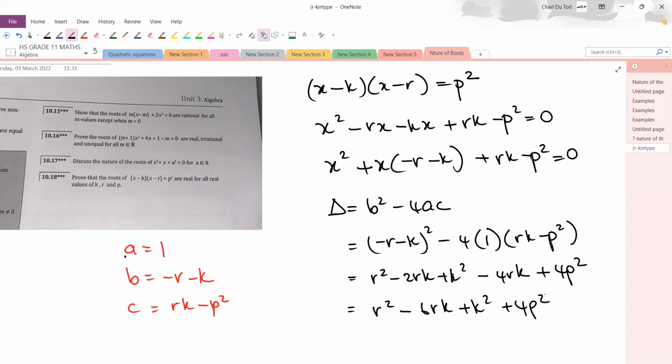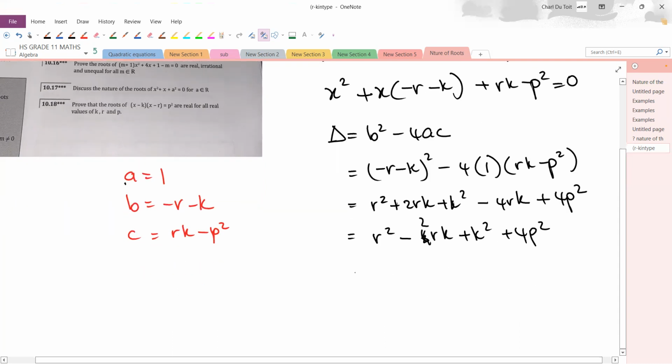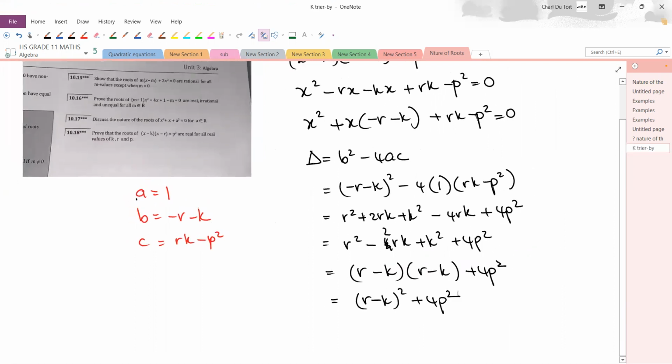Oh, I've got a mistake. That's why it's a problem. That's not a negative, that's a positive. So this is negative 2, so there's r minus k squared plus 4b squared. This is exactly the same as that other sum, Amira, that you said. Okay, show that the roots are real.